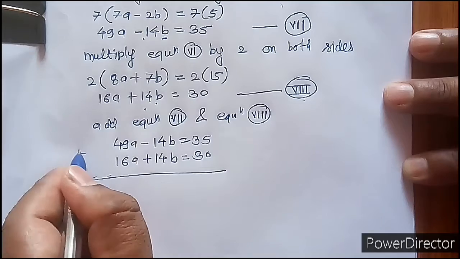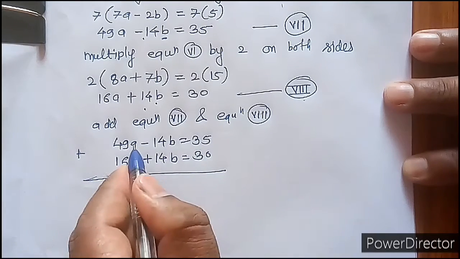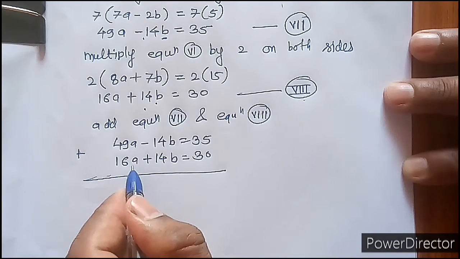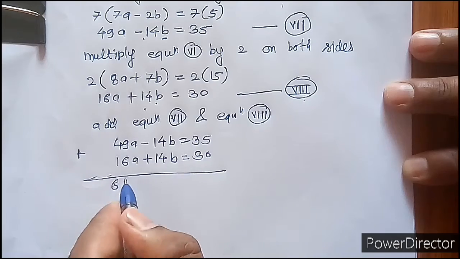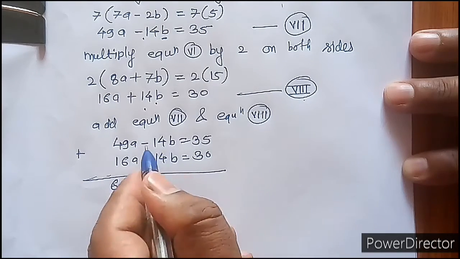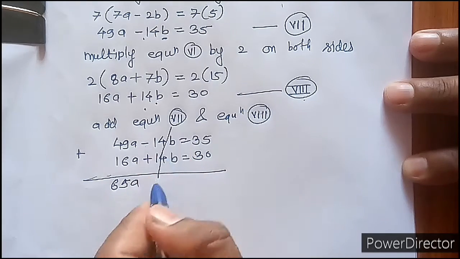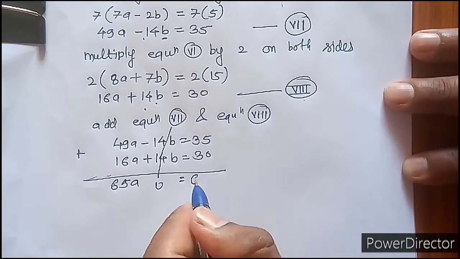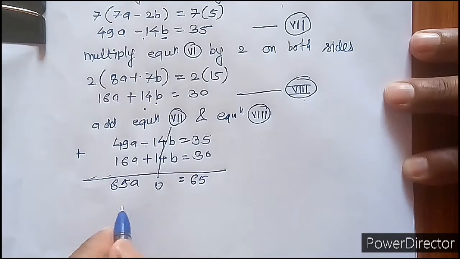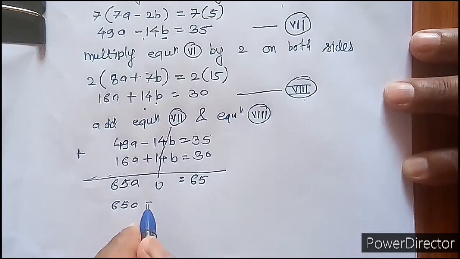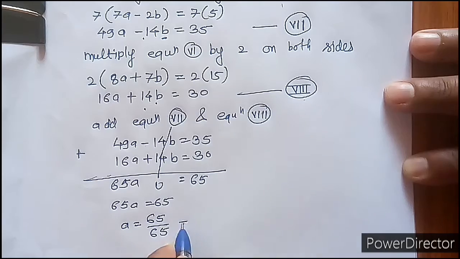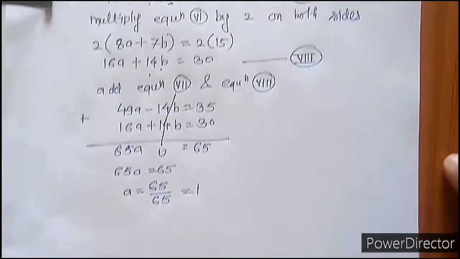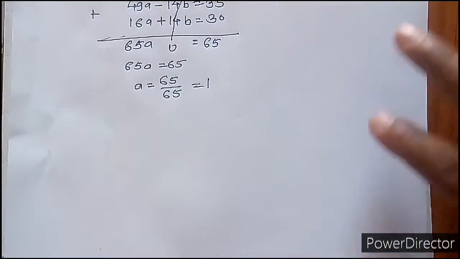Now we have to add, so here we give a plus sign. 49 of a plus 16 of a is 65 of a, and minus 14b plus 14b cancel, and here equals 65. We get 65 of a equals 65. A equals 65 divided by 65 equals 1. We get the value of a equals 1.